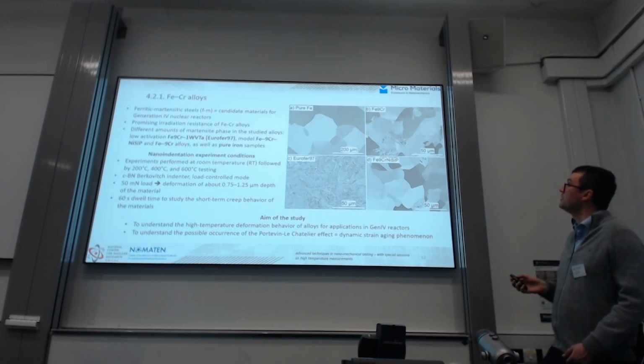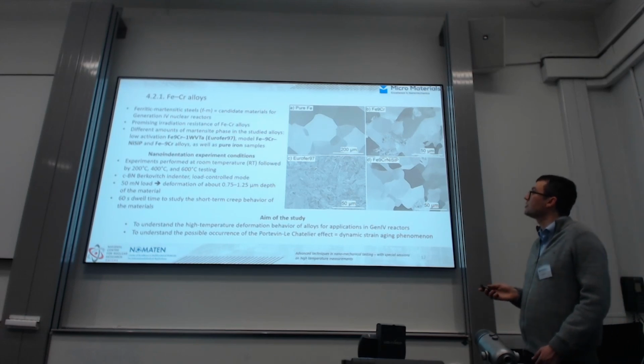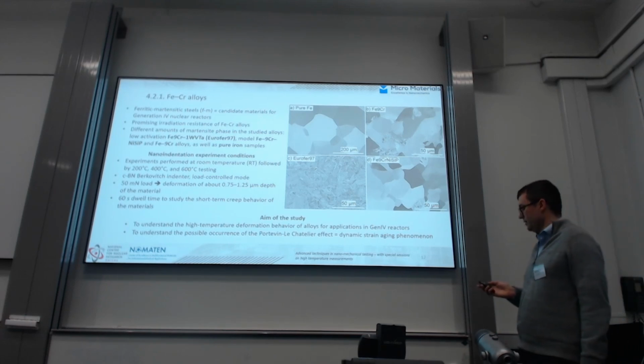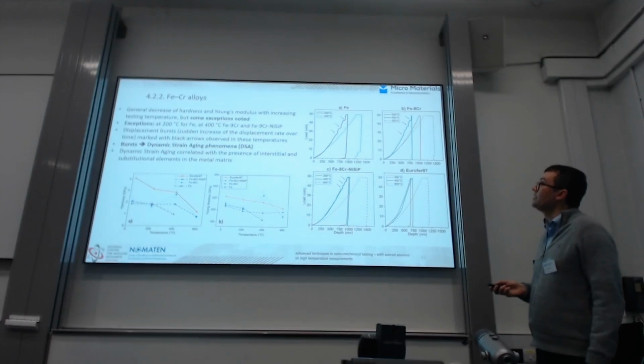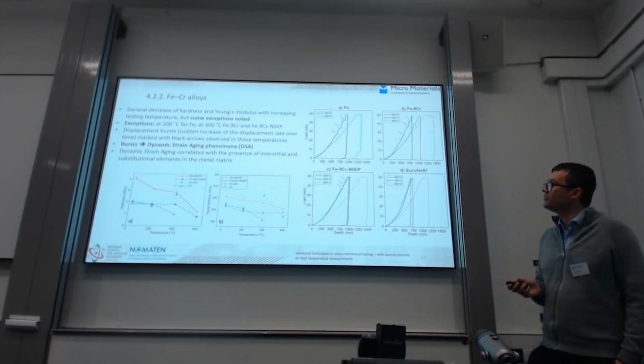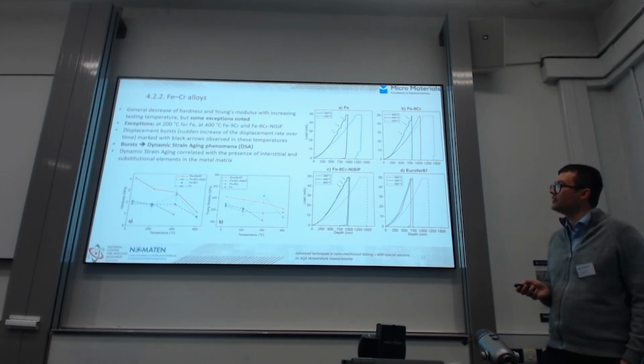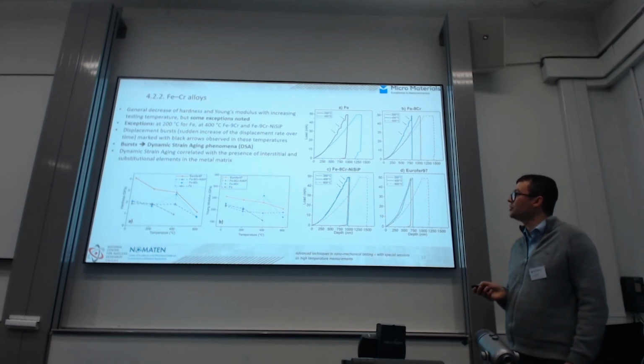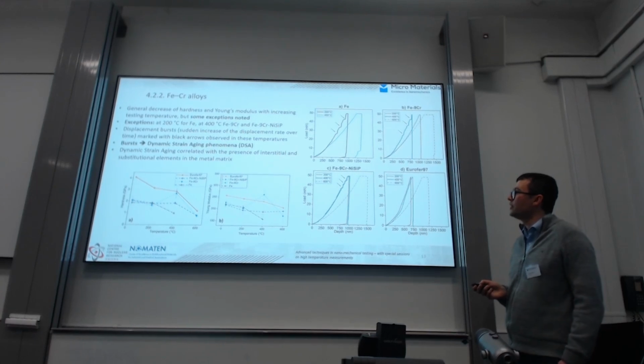And this is some initial SEM microstructure of these studied alloys. Based on the nanoindentation tests, for most temperatures we see a decrease of hardness with increasing temperature and also a decrease of the Young's modulus.